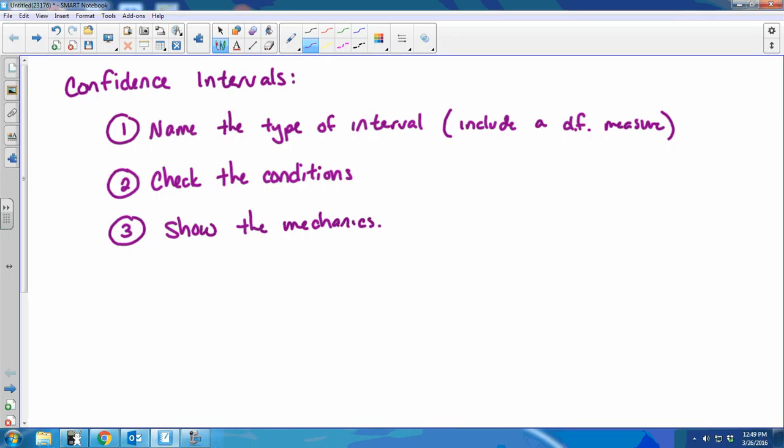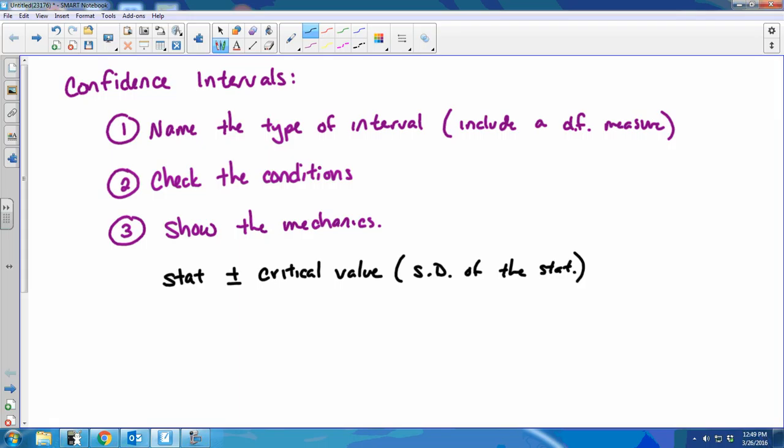Every single confidence interval follows the same formula. Statistic plus or minus critical value times the standard deviation of the statistic. It says this very thing on the AP formula sheet. A statistic is what you get from your sample. So maybe p hat, maybe x bar, maybe the difference between 2 p hats, the difference between 2 x bars, all right?